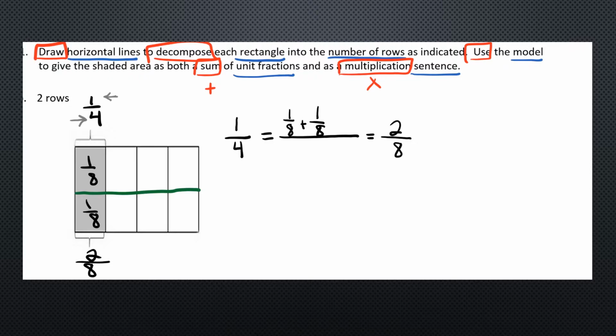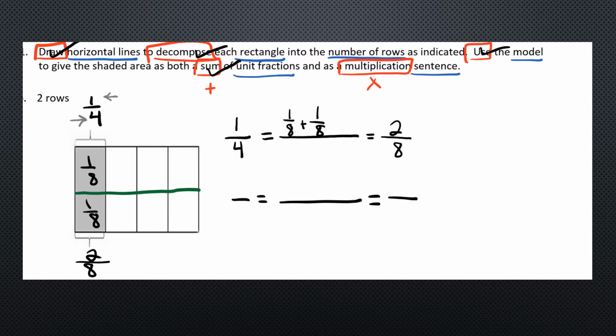Okay, so I've done the horizontal line. I broke apart that rectangle to show the number of rows, and I used the model to add. But I have not shown it in a multiplication sentence yet. So I'm going to set up my story again. Fraction in the beginning, something's going to happen to get us a new fraction at the end.